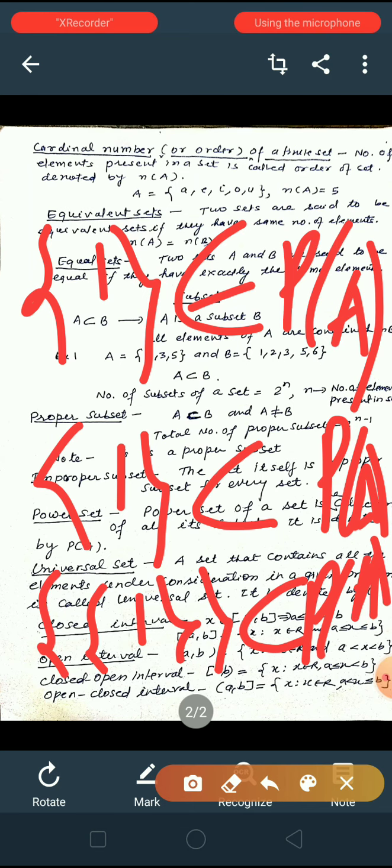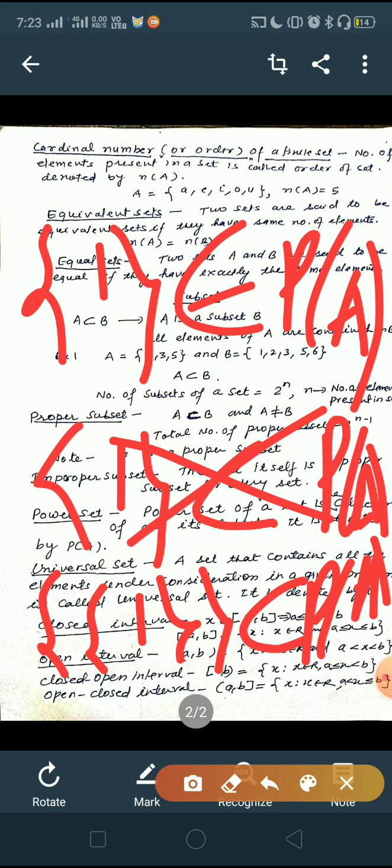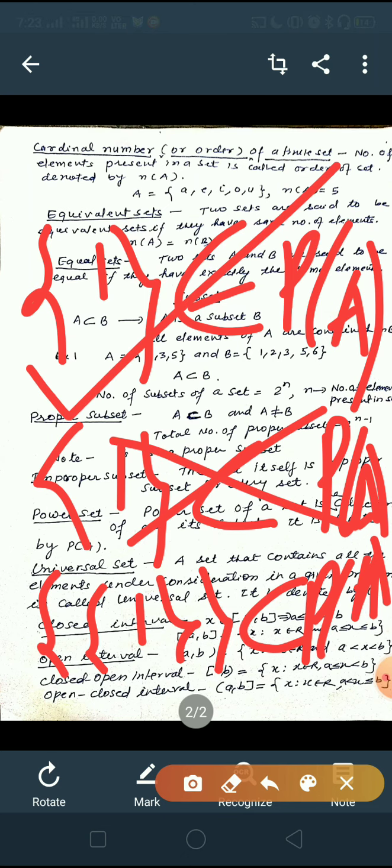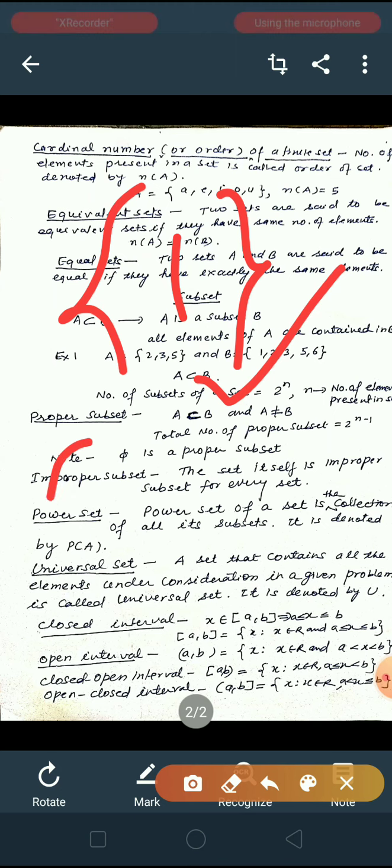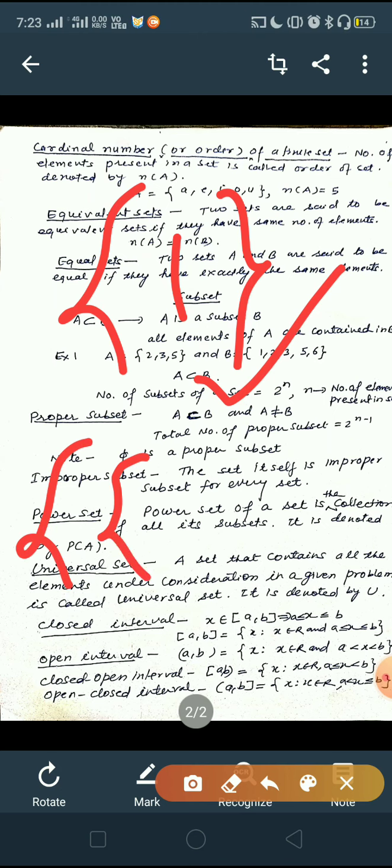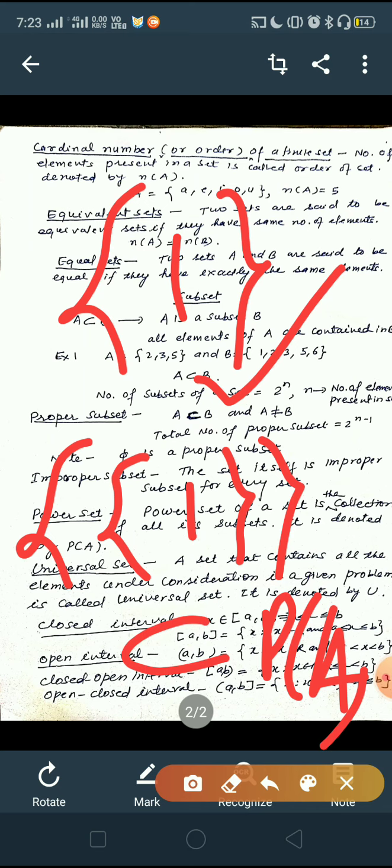So this is wrong and both are right. This is an element of P(A), but if you enclose it within another curly bracket, then it will become a subset of P(A). I think it is clear.